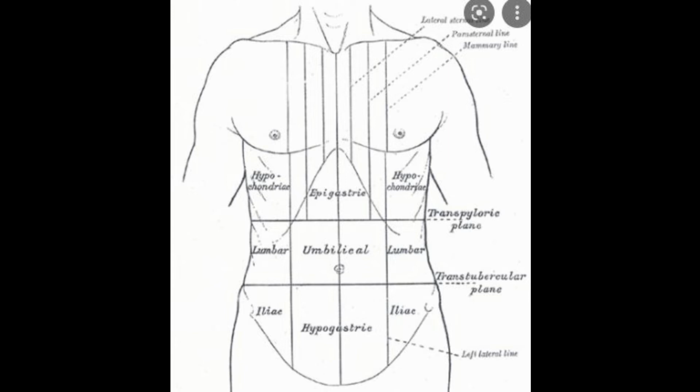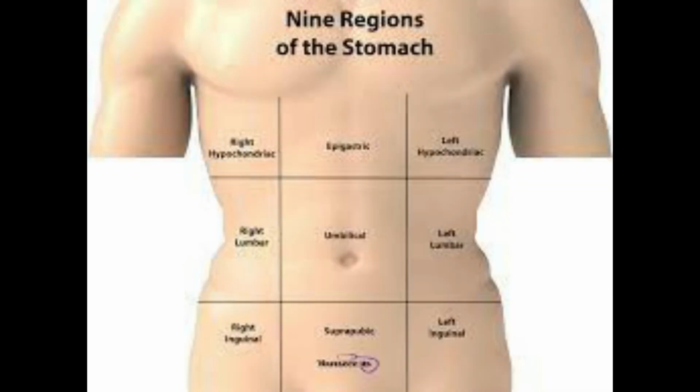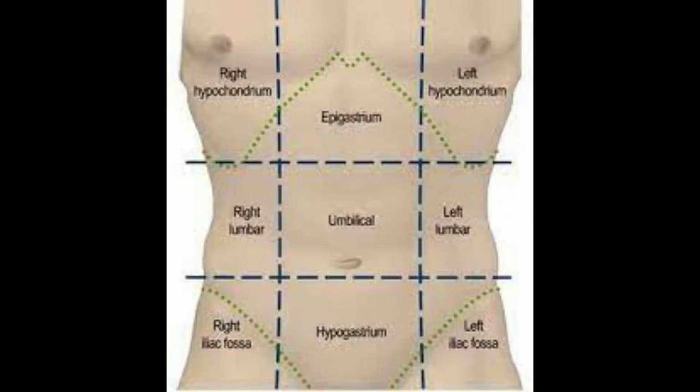Regarding the 2 vertical lines, they run from the right and left mid-clavicular points to the mid-inguinal point, near the anterior superior iliac spine. By joining these two horizontal and two vertical lines, you can split the abdomen into 9 parts.